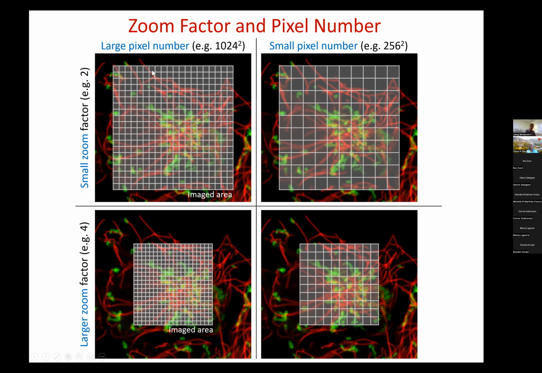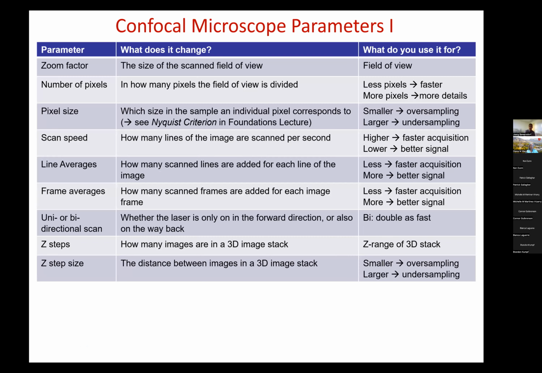Then you can split the field of view you selected into, say, 1024 by 1024 pixels, which means each pixel will be fairly small. Or you can split that same field of view into fewer pixels, for example 256 by 256. You see that results in the pixels becoming bigger, and you'll be able to see less detail there.